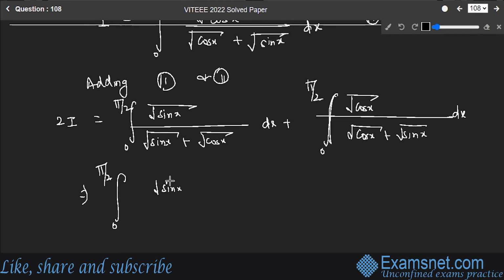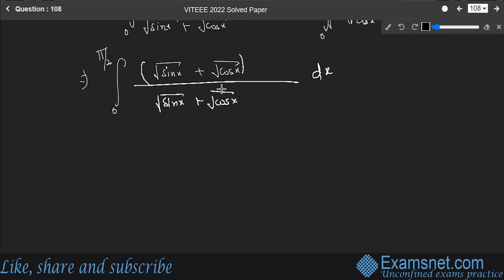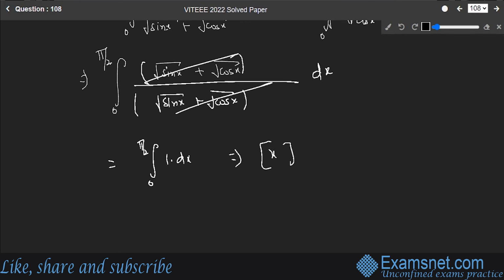Root of sin x plus root of cos x over root of sin x plus root of cos x. See, it was such a typical problem and now it looks so easy. So that is the integral from 0 to pi by 2 of 1 into dx, or that's x, which gives pi by 2.